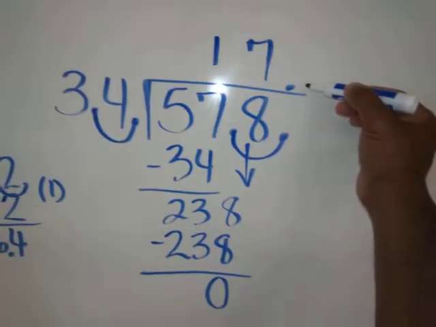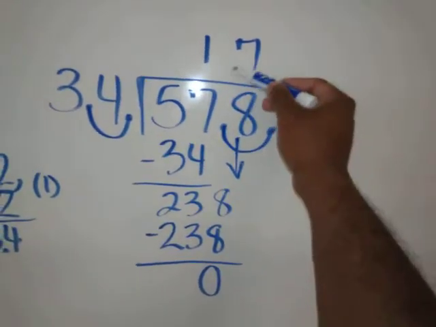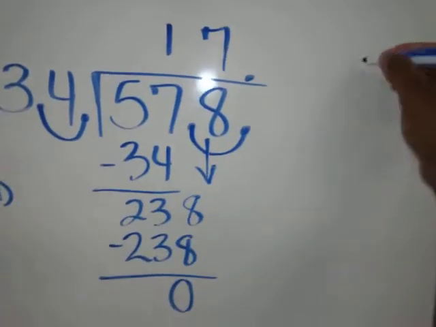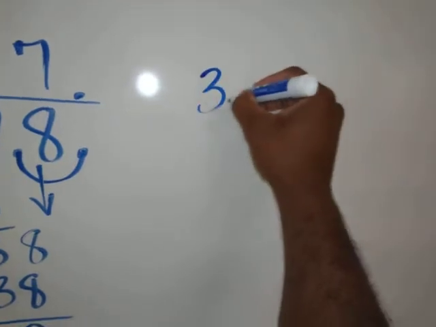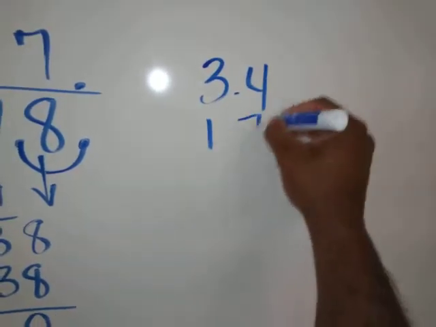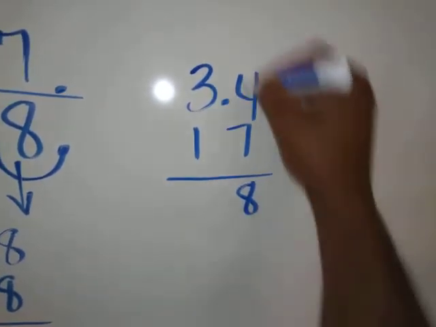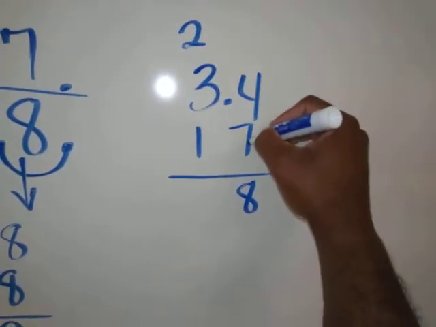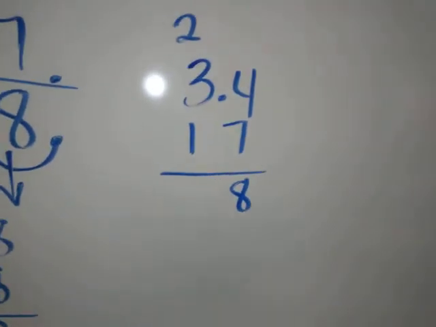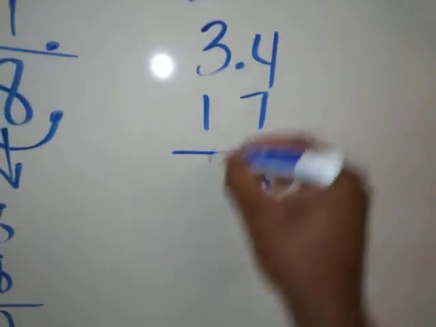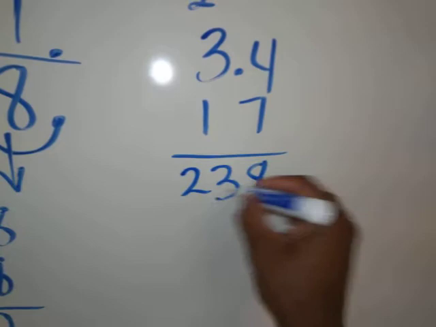So let's multiply again by the original number, 17 times 3 and 4/10. 3 and 4/10 times 17. 7 times 4 is 28. 8, carry the 2. 7 times 3 is 21. 21 plus 2 is 23.